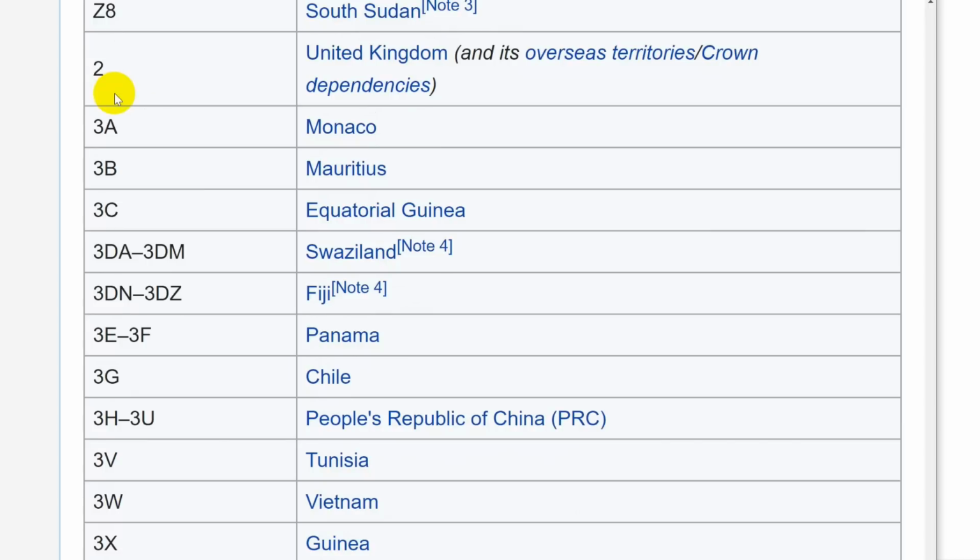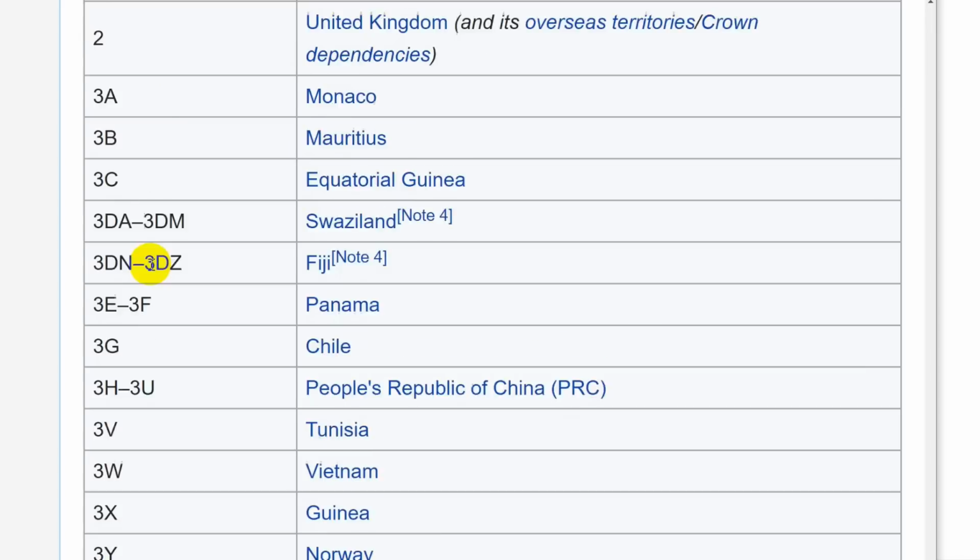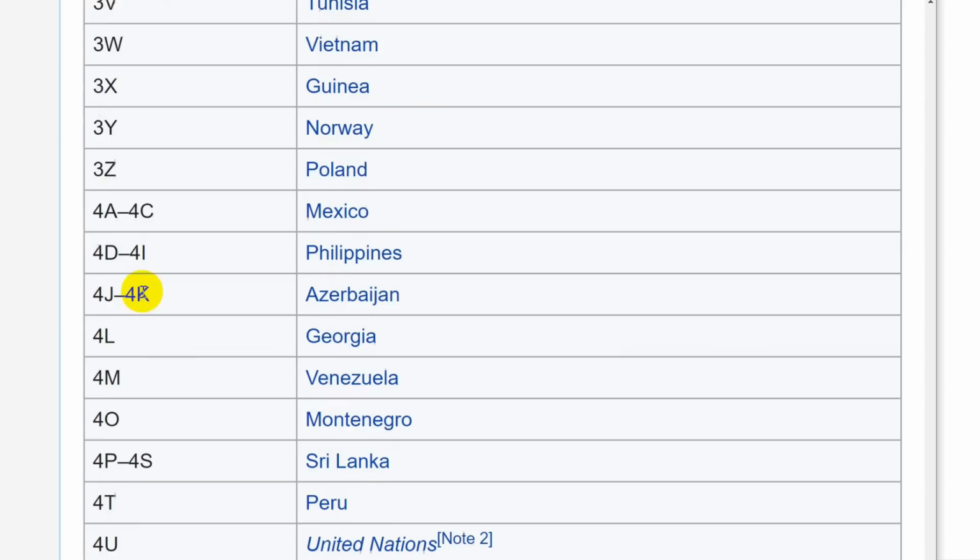And you'll often see 2, and you can have another number, or they'll put something after it, 2 echo 0, or something like that. But 2 also covers the United Kingdom, and a lot of people are getting these. And so on it goes.